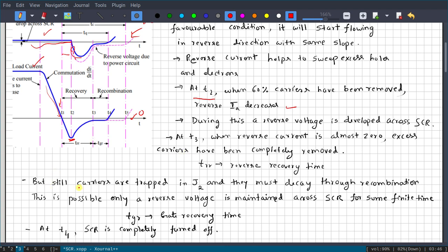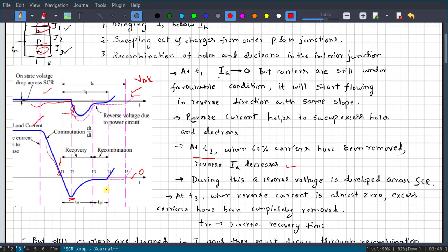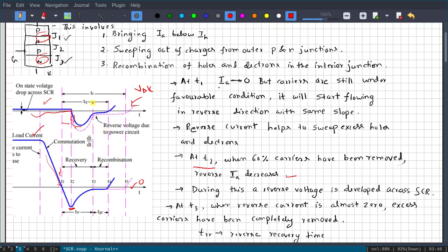Now, but still charges are trapped in J2. Just observe here. Now we have removed excess charge carriers from J1 and J3. But what about J2? Here carrier charges are still present, but they can't escape because J1 and J3 are now reverse biased. They are not forward biased, so the carriers cannot leave.